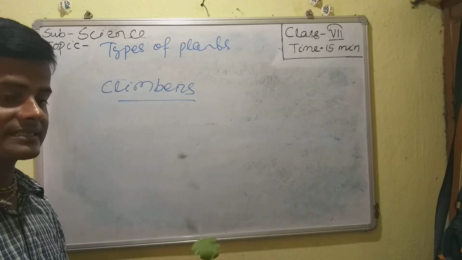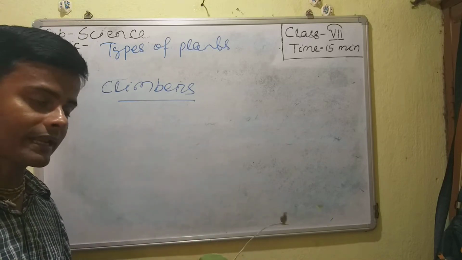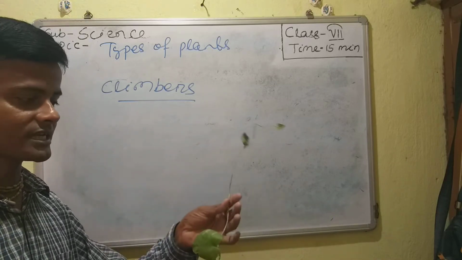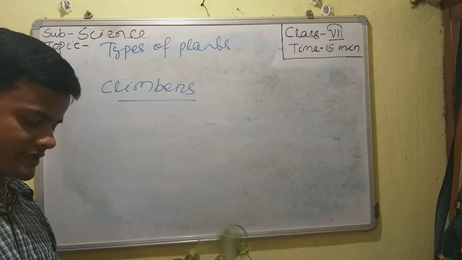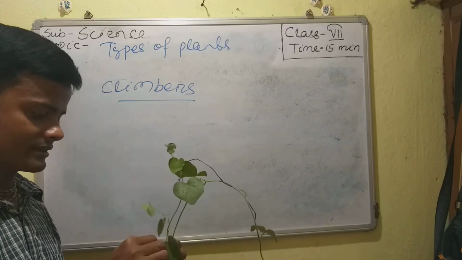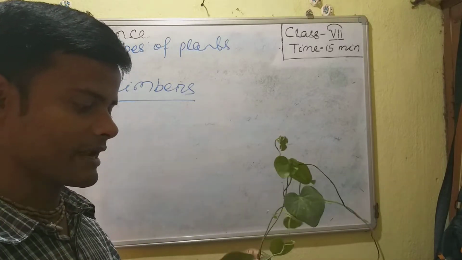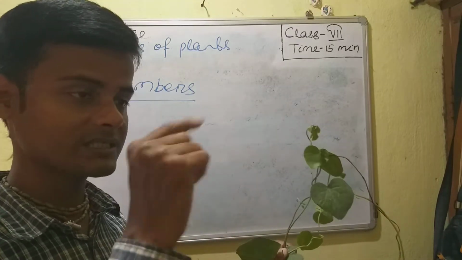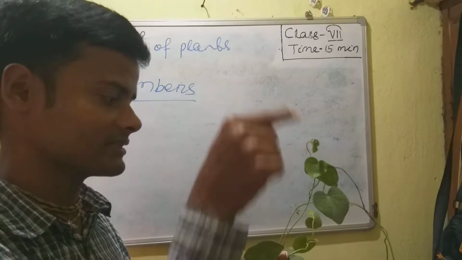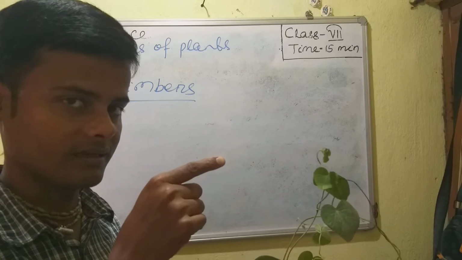So these plants take the help of others, like a wall, other plants, or any sticks. And these plants have a special feature, that is they have tendrils, right?